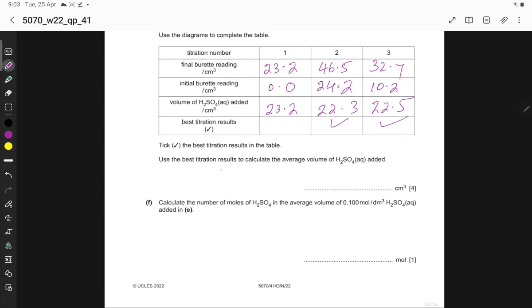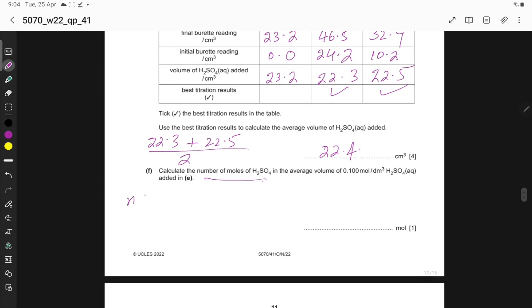So use the titration results to calculate the average volume. 22.3 plus 22.5 divided by 2 is equal to 22.4. Calculate the number of moles of sulfuric acid in the average volume of 0.1.